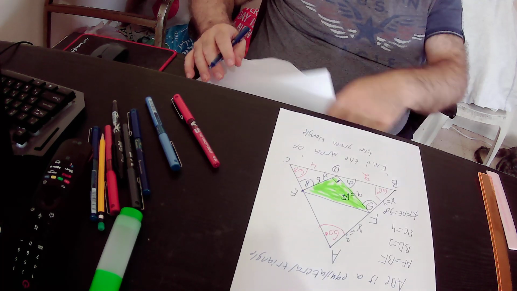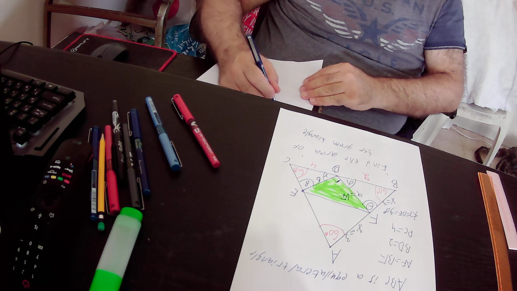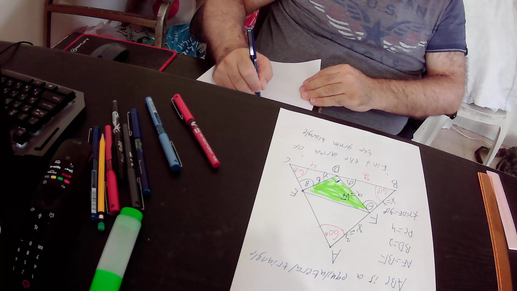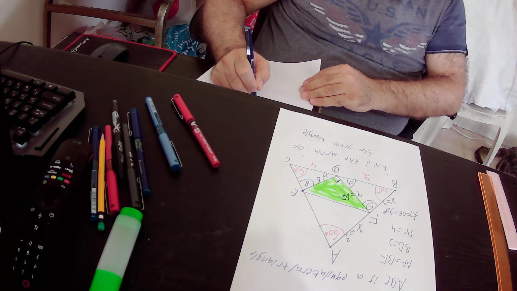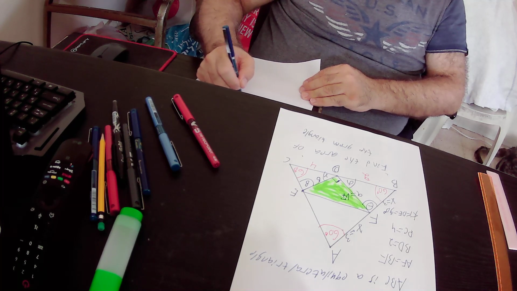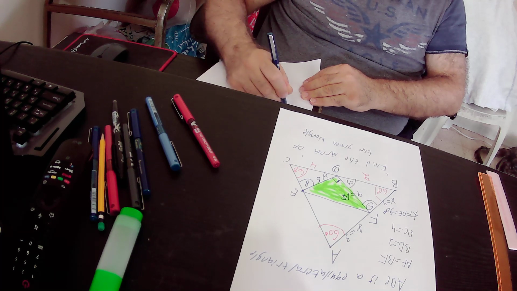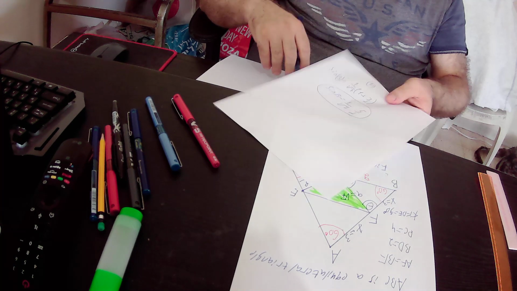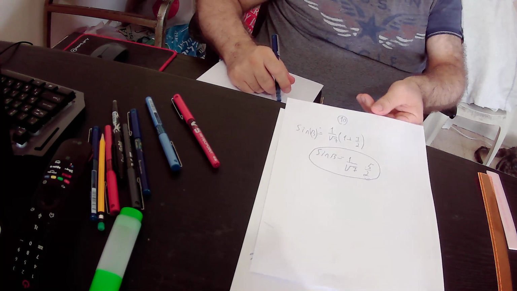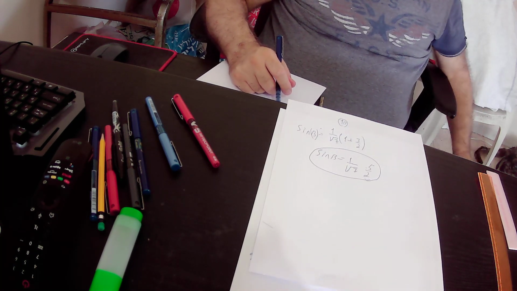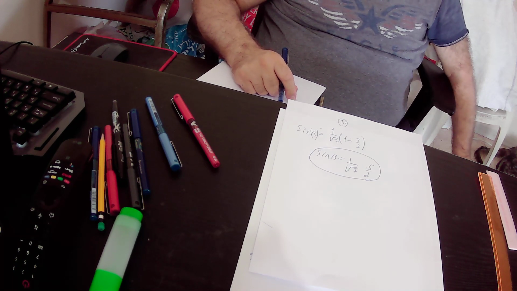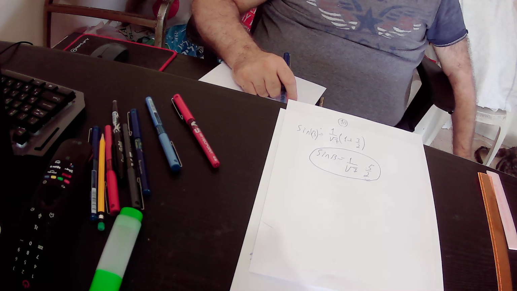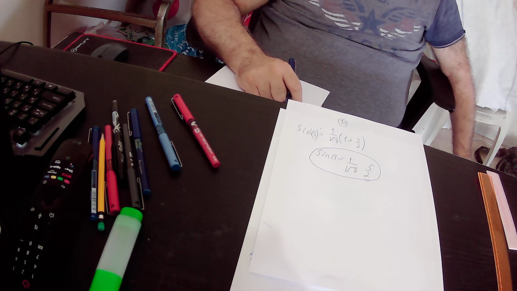So we can write here that sinus beta equals 1/√7 times 5/2. Okay, so we got that sinus beta equals 5/(2√7).